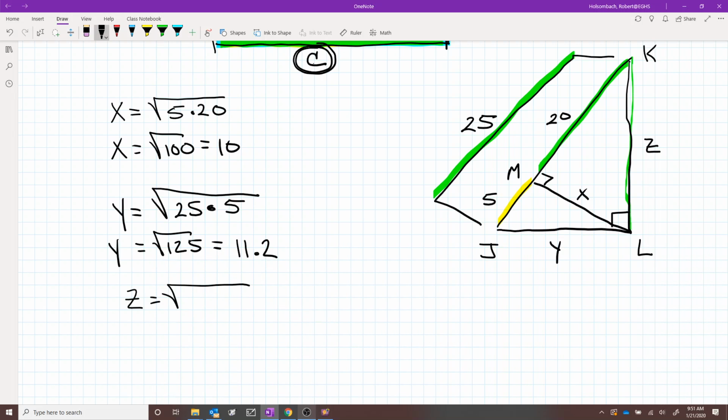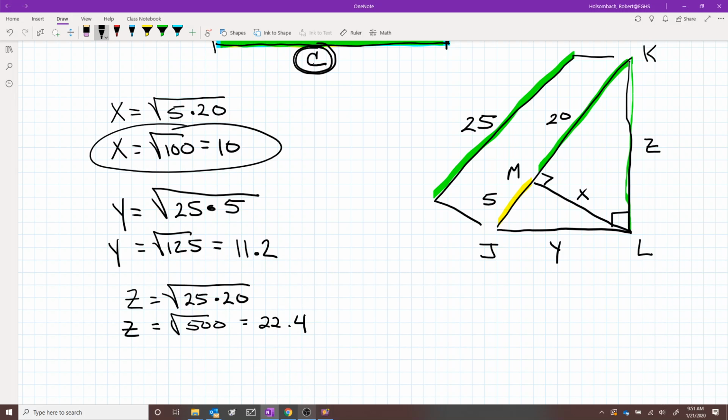So in this case, side z is going to be equal to the square root of 25 times 20, which is the square root of 500, which is 22.4. Alright, so there's your x, there's your y, and there's your z.